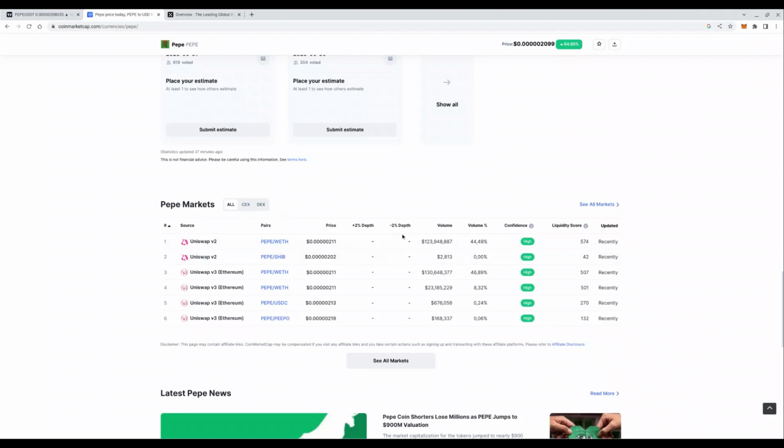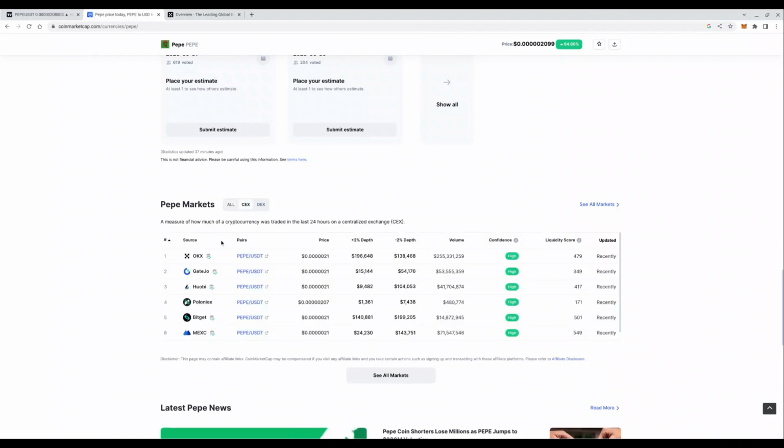Centralized exchanges are like Coinbase, Binance, and in this case we have OKEx, Gate.io, Huobi, BitGet, and so on. The most traded one is ranked first, so where there's the most trading volume is displayed in the first ranking section in general.